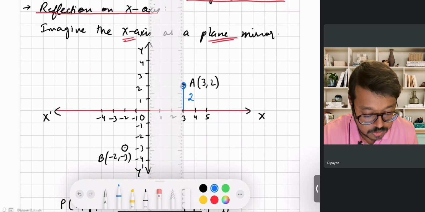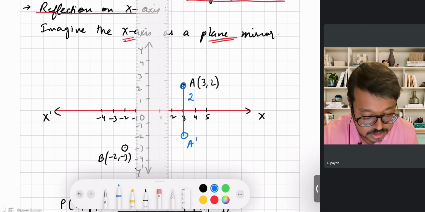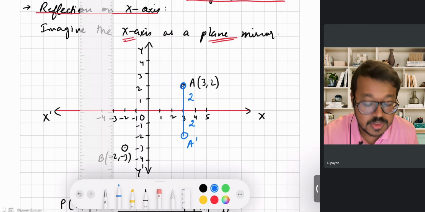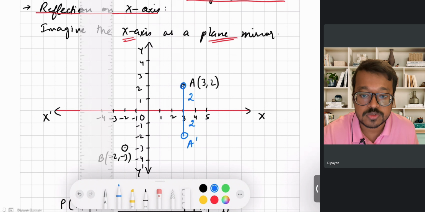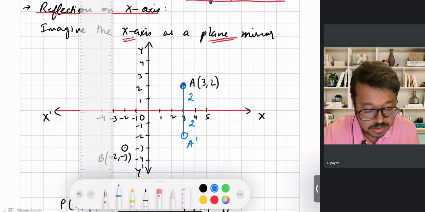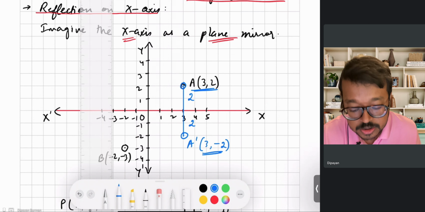So then if I go 2 units below the mirror, this point, let's say A dash, will represent the image. So 2 units above the mirror is my object A, so 2 units below the x-axis will be my image A dash, and the x coordinate remains 3, but the y coordinate will be -2. So the point A (3, 2), when reflected on the x-axis, gives the image A dash with the coordinates (3, -2).